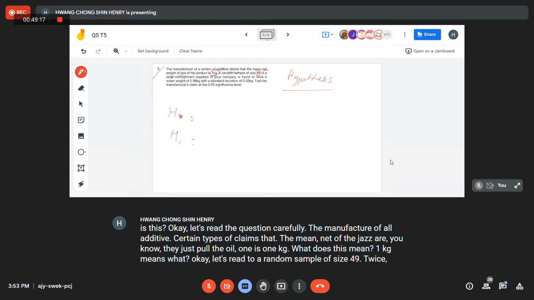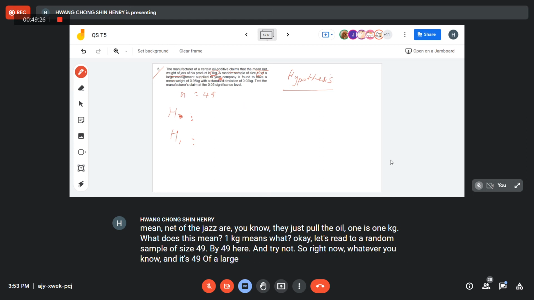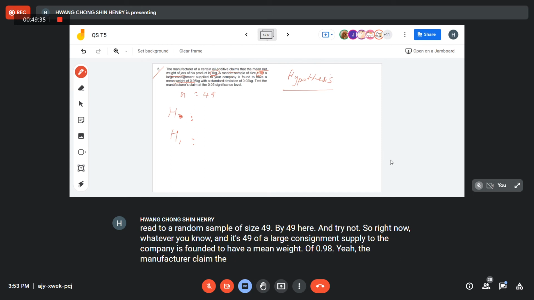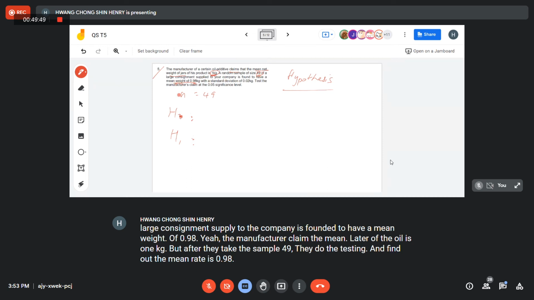What is 49 here? N, clear or not? So write down whatever you know. N is 49. Of a large consignment supplied to the company is found to have a mean weight of 0.98. See, the manufacturer claimed the mean weight of the oil is 1 kg. But after they take the sample of 49, they do the testing and find that the mean weight is 0.98.